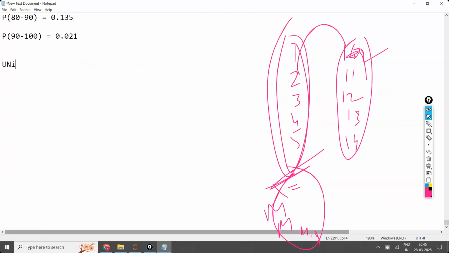Variate means variable, so uni means measures on one variable. All of them are called univariate measures.